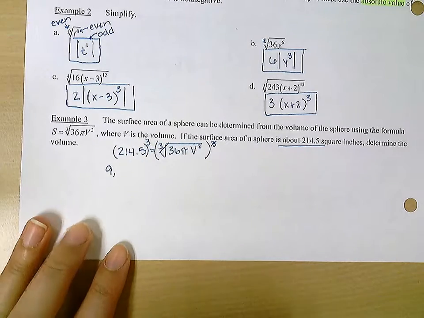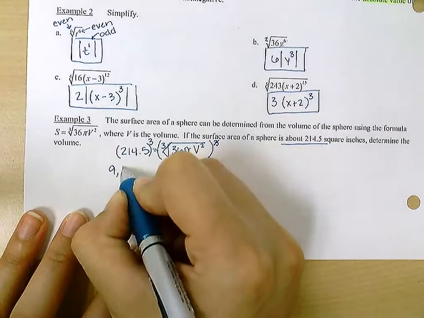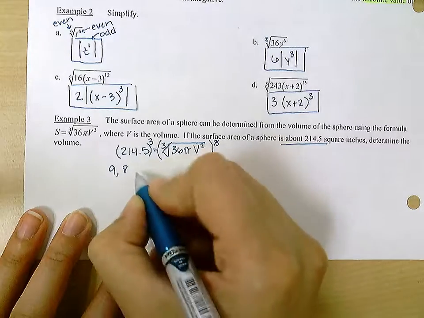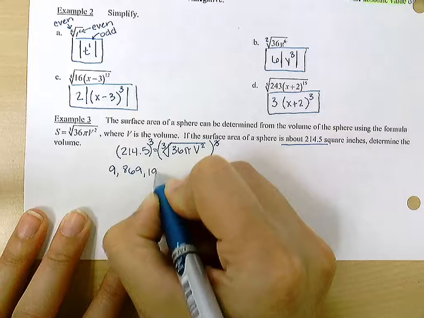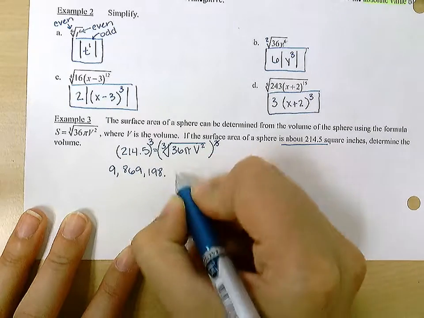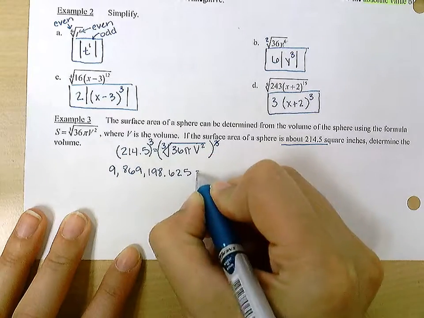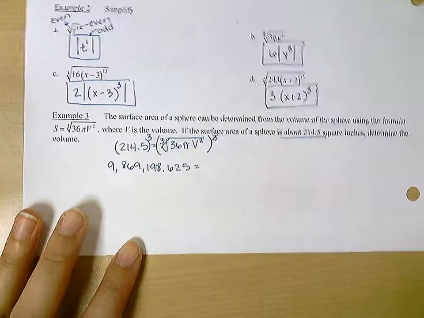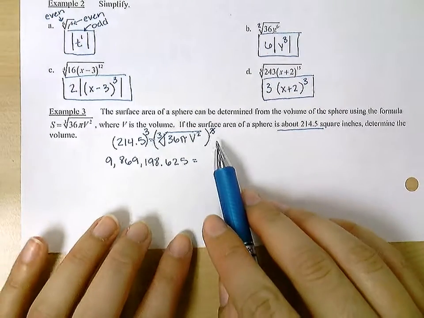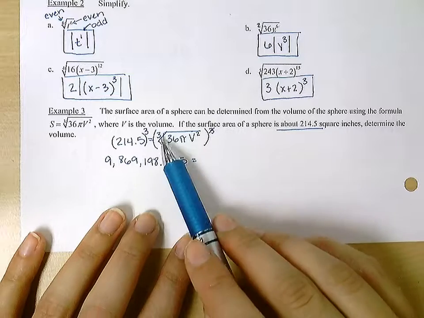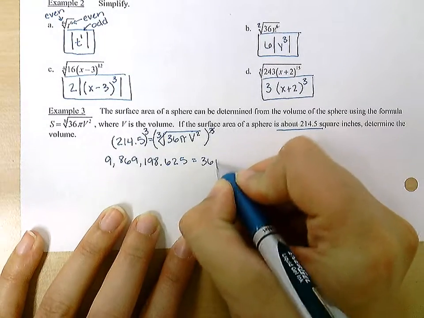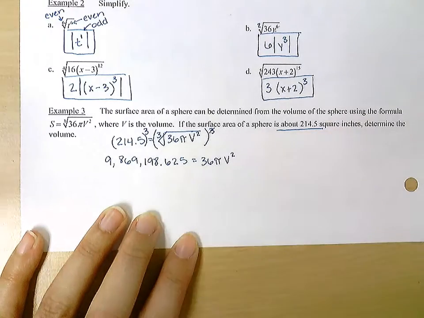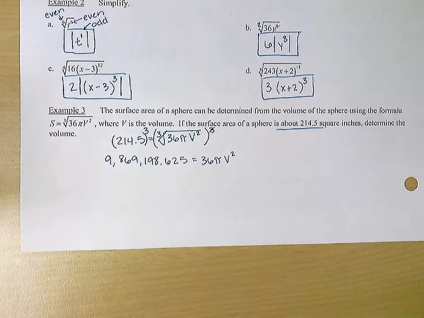And I'm going to write it out. So it's 9,869,198.625. Okay, on the right-hand side of my equation, I canceled out this cube root and this cube, so I'm left with 36 pi v squared. From here, all I want to do is solve for v, right?